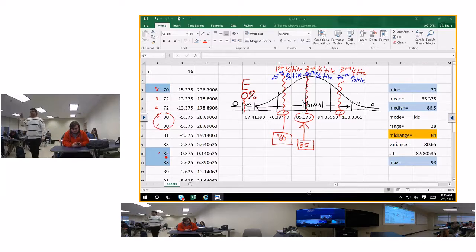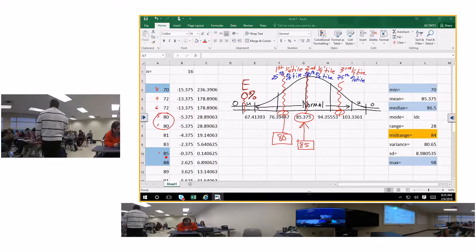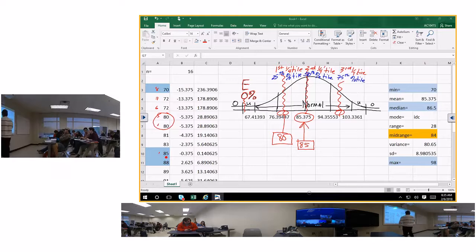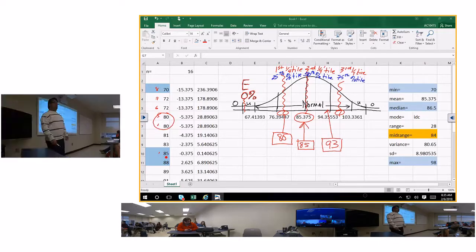I'm not going to go down there, but somebody tell me what the average of those 2 numbers is. 93? Does everybody agree with that? Can I get a second? Okay, 93. It's back here. I drew it in the wrong place. 93 is your third number.